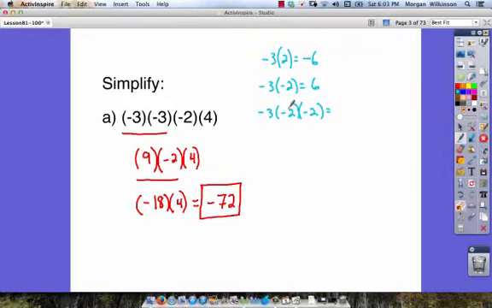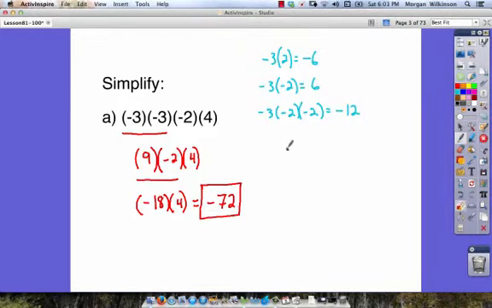Well, negative 3 times negative 2 is positive 6, and 6 times negative 2 must be negative 12. The interesting thing here is that when we have an odd number of negatives that we're multiplying, like 1 or 3, we always get a negative answer. And if we have an even number of negative numbers that we're multiplying, we're going to get a positive answer. And that will always hold true.